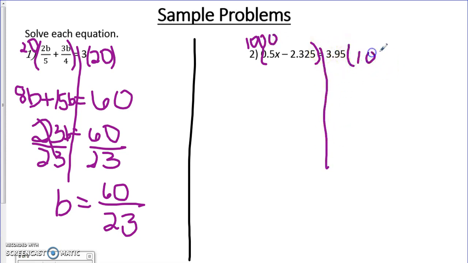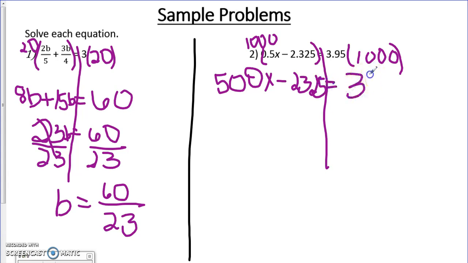So 1,000 times 0.5, we're going to have 500x minus 2,325 equals 3,950. And again, this just turns into a two-step problem. You're going to add 2,325 to both sides, then you're going to divide by 500.